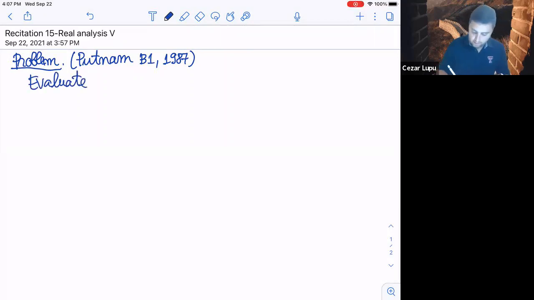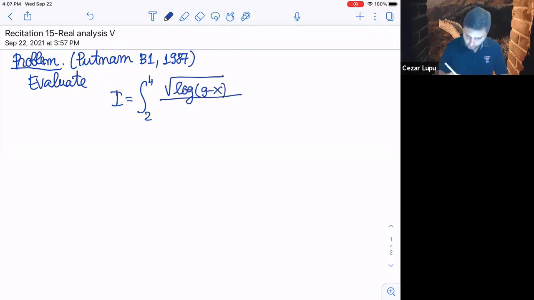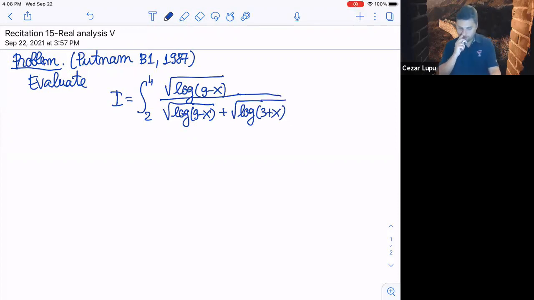Evaluate the integral, let's call this I, from 2 to 4 of the function square root of natural log of 9 minus x over square root of natural log of 9 minus x plus square root of natural log of 3 plus x, dx.